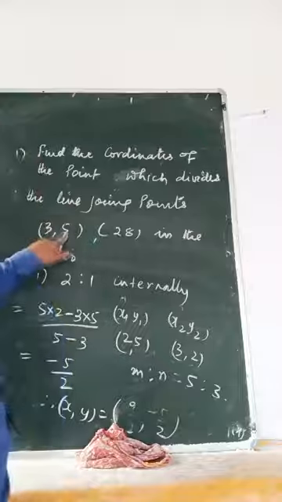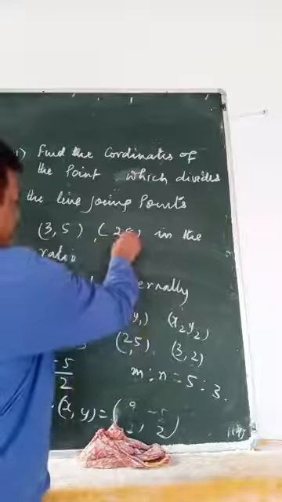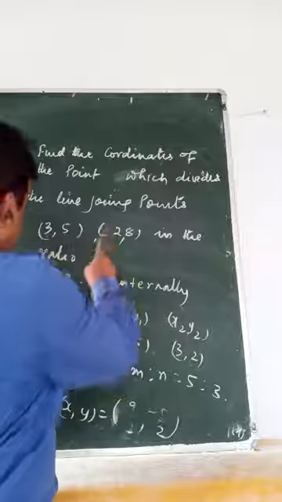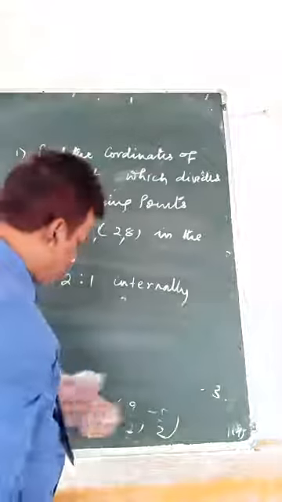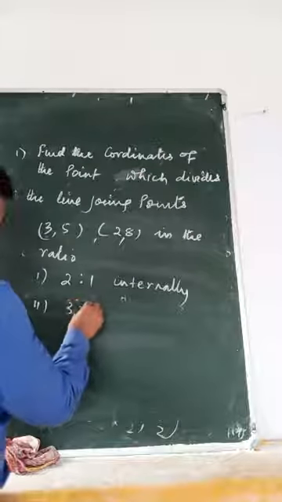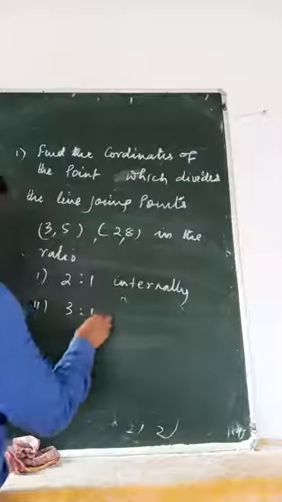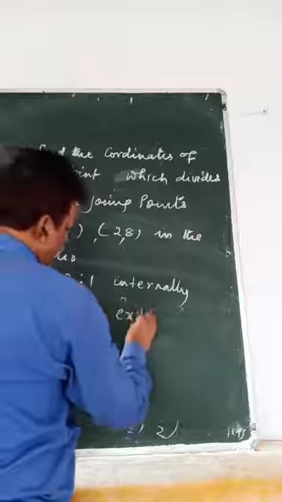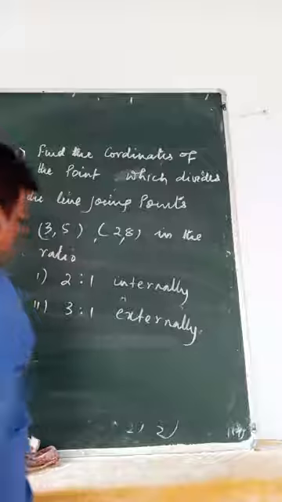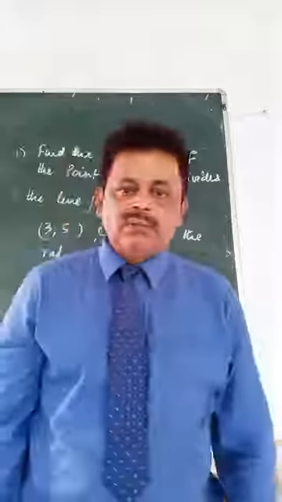Mean this is x1, y1, this is x2, y2, this is m, n. Same x1, y1, x2, y2. Second question is 3:1 external. Okay, so you try to solve this.